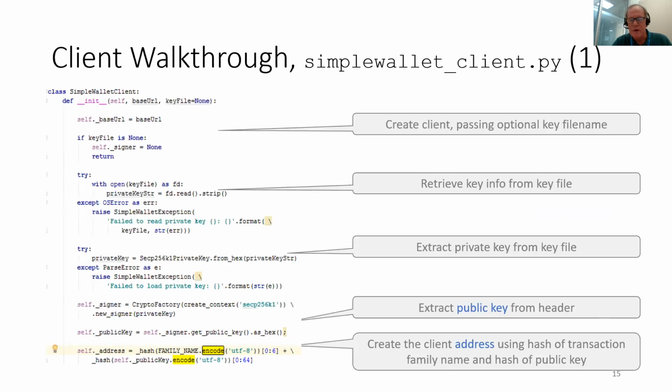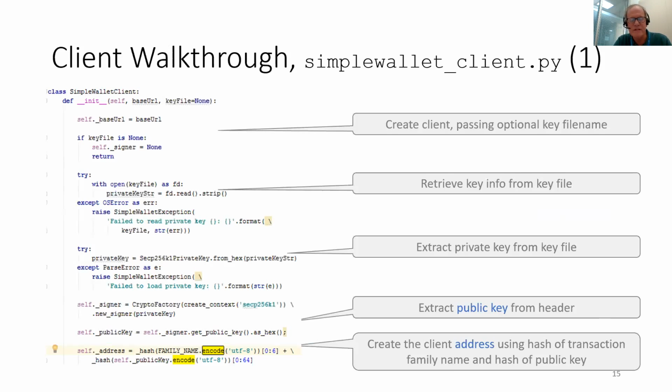And we also have the client address. The way we address these objects is we take the public key and we hash it with SHA-512 and take the first 64 hex characters of that hash. So that's just our arbitrary addressing scheme. Your application could use any other addressing scheme it wants to, just as long as the objects do not collide at the same address.